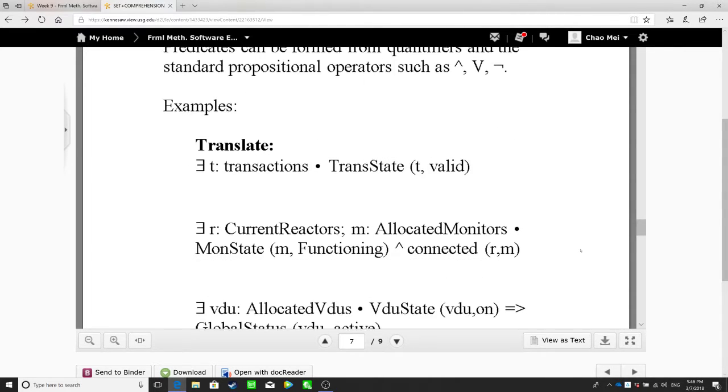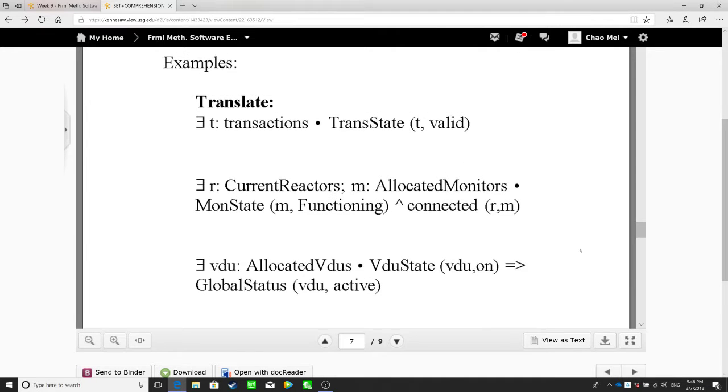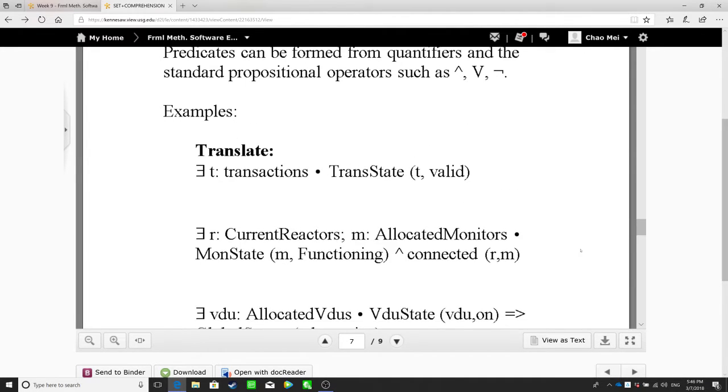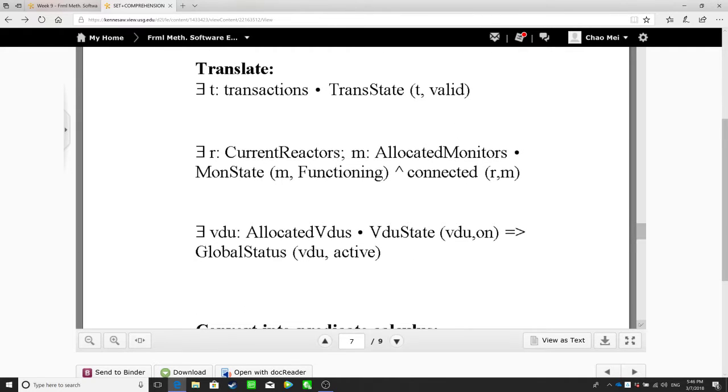Okay, here's some exercise here. Okay, 3 of them. Try to translate them. Let's do the first. So, T, transaction, transaction state, T, valid.